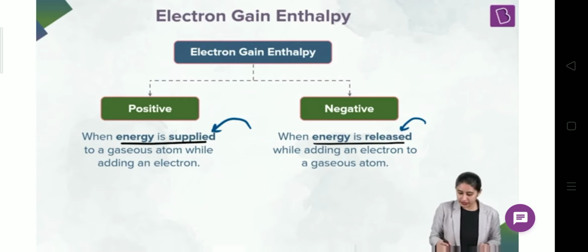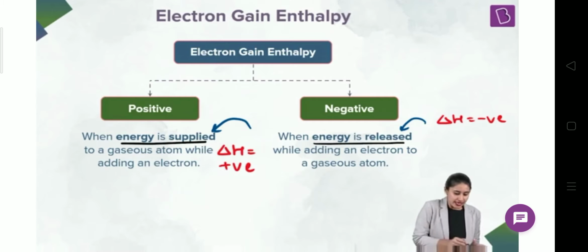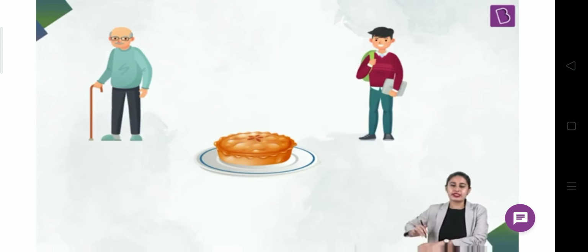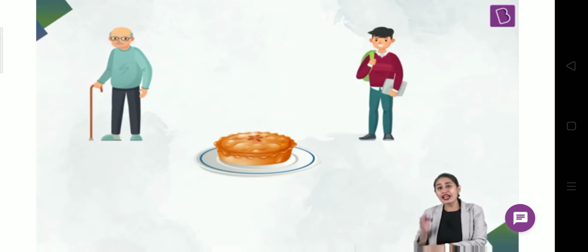Let's understand electron gain enthalpy with a good example. Let's have a look at this case out here. Everyone, be with me and listen to the story. There is this old man out here who has just had his meal. He's just done with his chapati and dal, and he is full. His appetite is satiated.